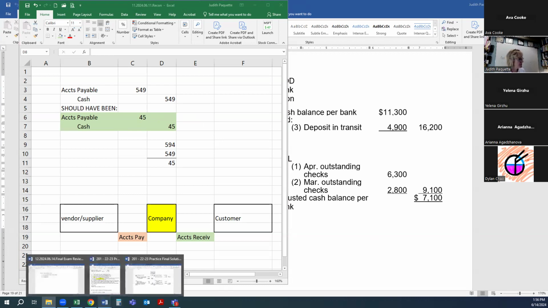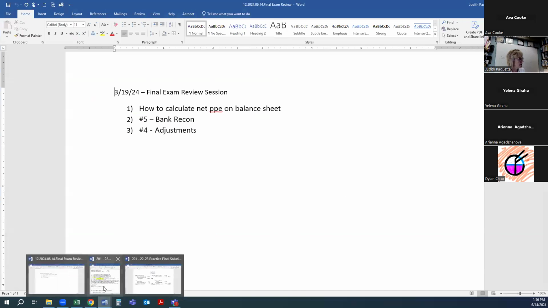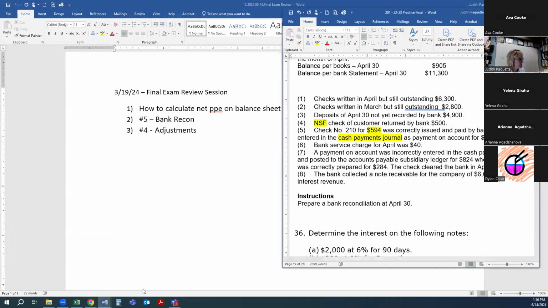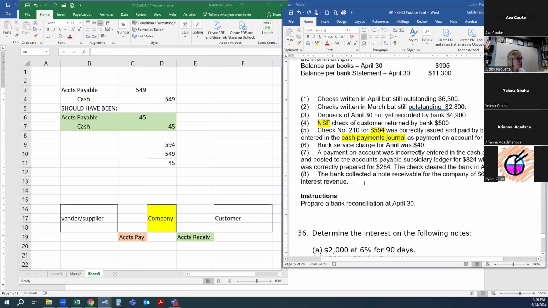Okay, so there's another error on this bank statement, right? So let's look at that one. The other error is check number 318. Here we go. Can you guys see it? It's at number 7.